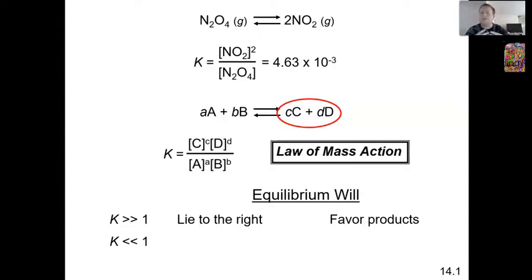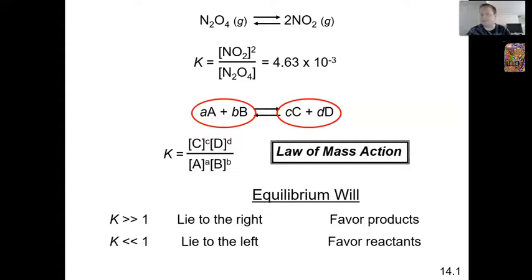Because all equilibrium means is that the rate back and forth is equal. It says nothing about how much of each thing you have, so it's quite possible that once you reach equilibrium, you've actually got more reactants than you do products in a reversible reaction. So that is said to lie to the left, or in other words, we favor the reactants. The reactants are more concentrated in the end at equilibrium.